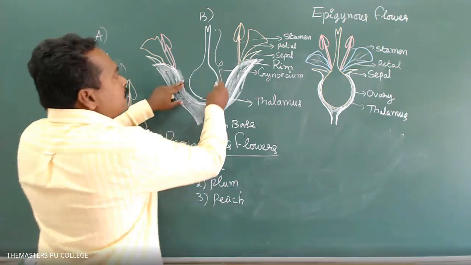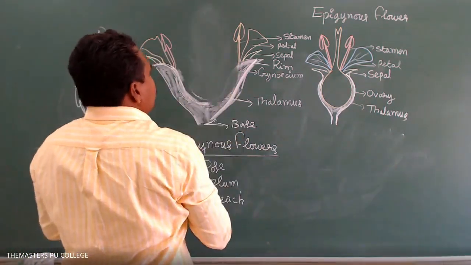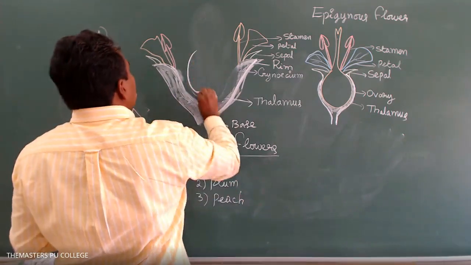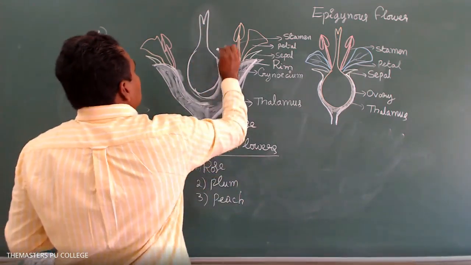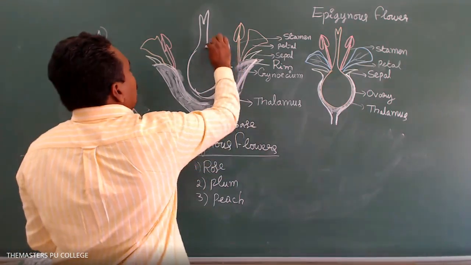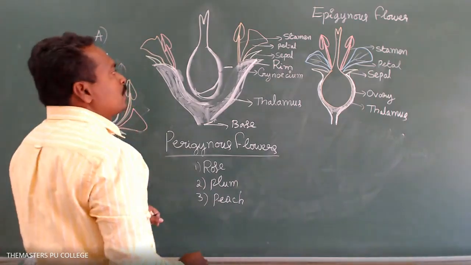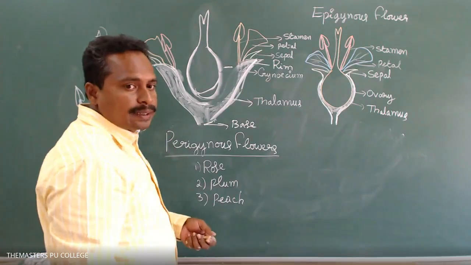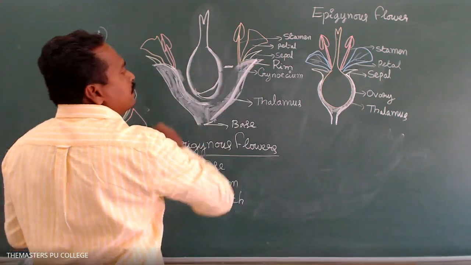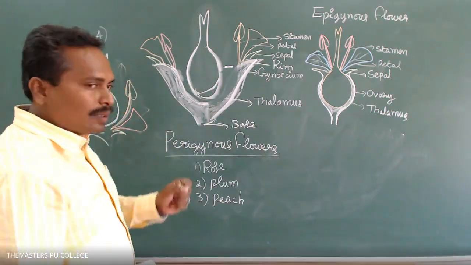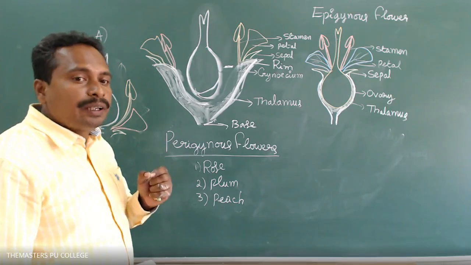In these flowers, the stamens, petals, and sepals are arranged approximately from the middle of the ovary or the rim of the thalamus. In these flowers, the ovary is half superior, half inferior.